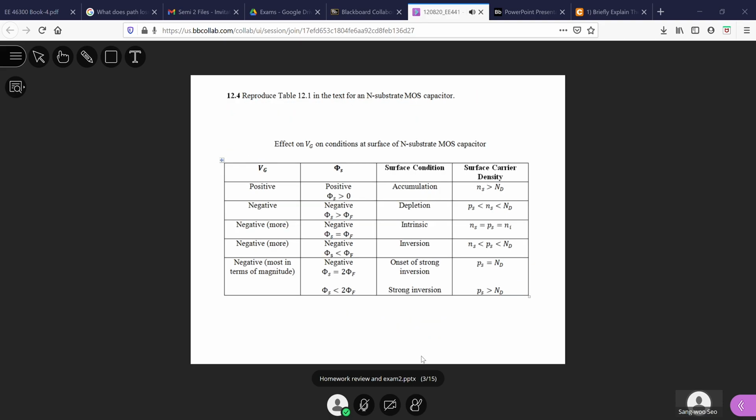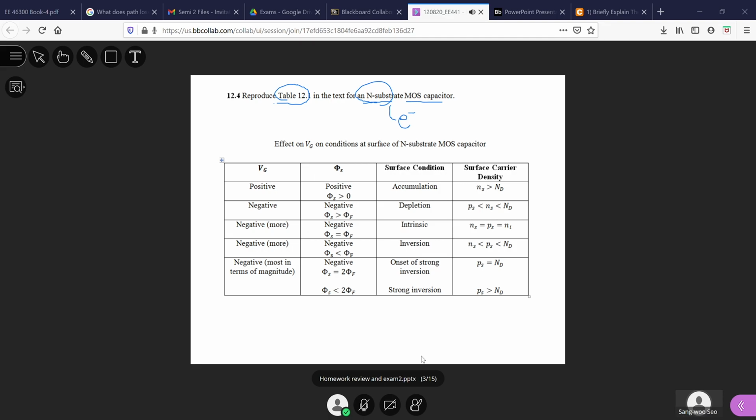The second question is, replace the table in the textbook, 12.1, for the case of N substrate MOS capacitor. Okay, so again, as I think about it, N type, the majority carrier is going to be electron.